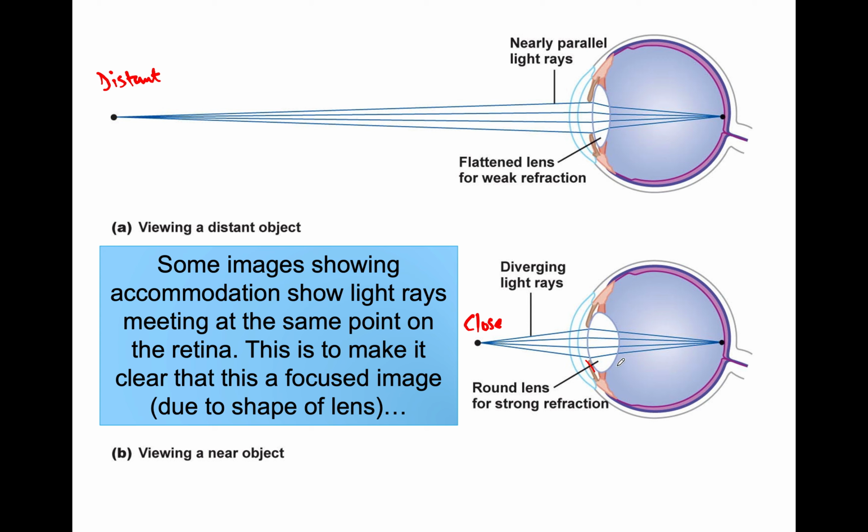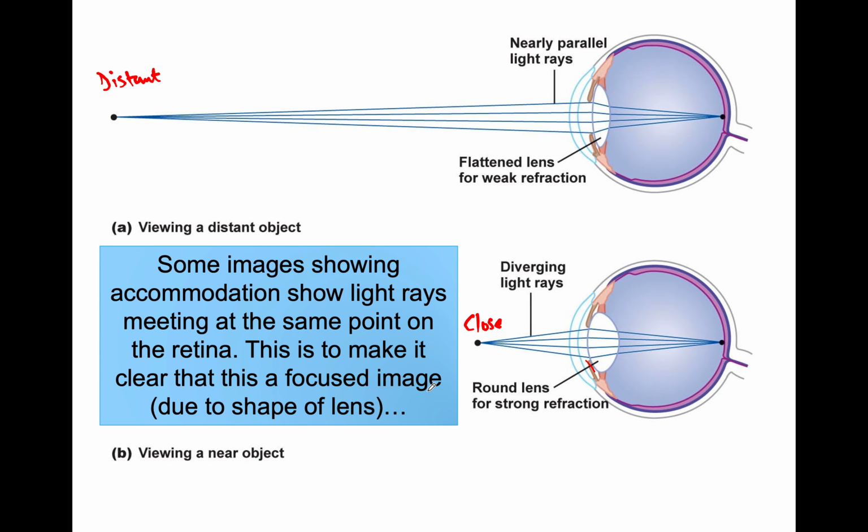For that, the lens must be more spherical. So a more spherical lens will produce greater refraction to take those diverging light rays to converge them onto the retina itself.